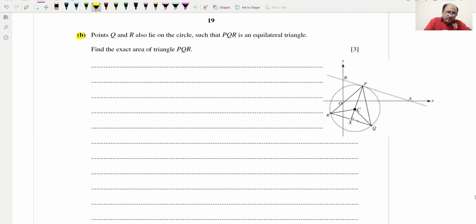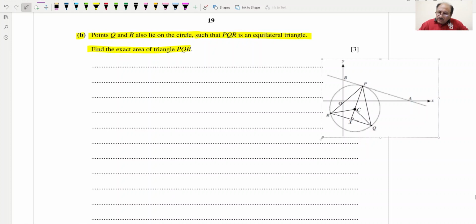Then the B part. If we go through the B part, points Q and R also lie on the circle such that PQR is an equilateral triangle. Find the exact area of PQR. This is the diagram which I have inserted for your explanation, and the points P, Q and R lie on the circle.